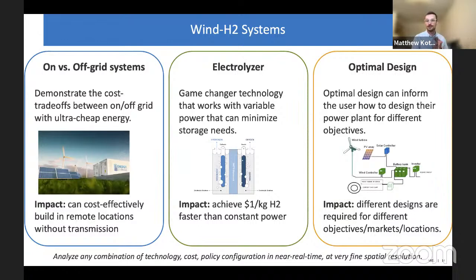We also have a hydrogen production component, as well as ensuring that for this research, we have optimally designed these different use case examples to ensure as low of an LCOH value as possible. And so we have analyzed all these different configurations and different use case examples.